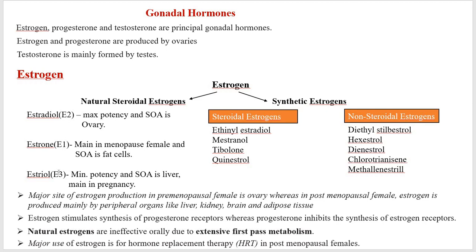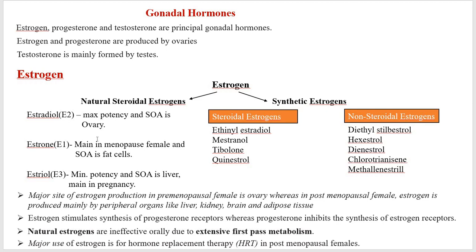Then the third natural estrogen is estriol. It has minimum potency and its site of action is the liver. The level of this hormone is maximum in pregnant women.